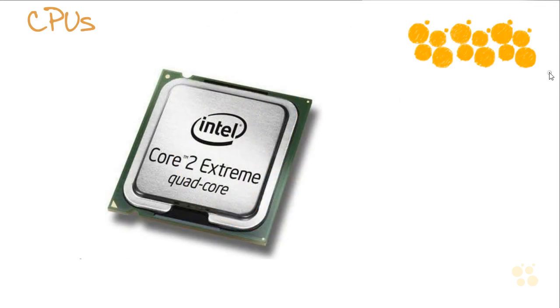You might have heard the expression, two heads are better than one. Well, wouldn't it be great if you had two CPUs? In fact, how about four CPUs? Well, that's what's going on when we see technologies like dual core and quad core. You've got multiple CPUs embedded in one chip.